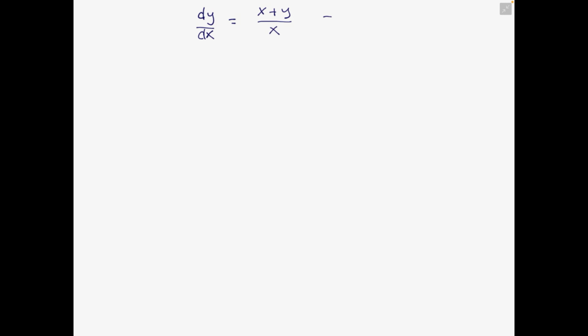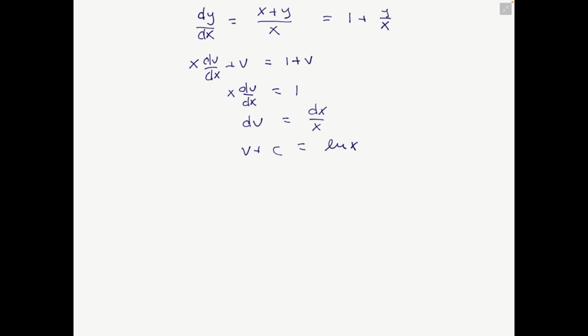All right, so here's our next problem. We then have 1 plus y on x, so we have x dv/dx plus v equals 1 plus v. So we get x dv/dx equals 1. dv equals dx over x, and v plus c equals ln x.